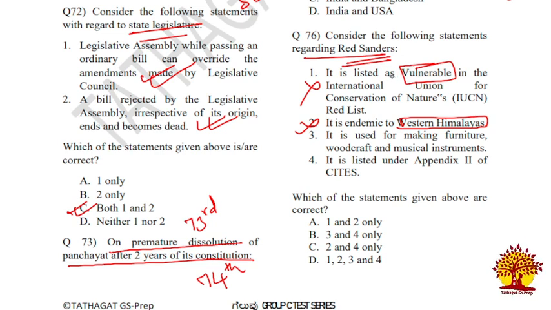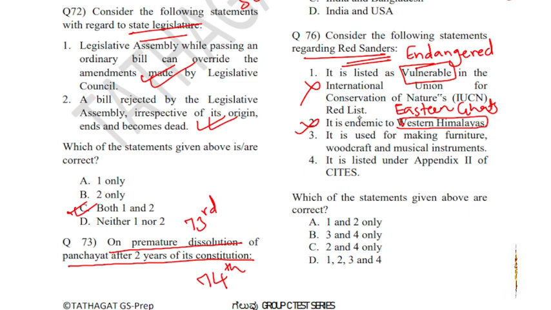Okay, it is listed as an endangered species in the IUCN status, endangered list, and it is endemic. Only red sanders you can see, it can grow only in Eastern Ghats region of Srisailam forest. Okay, you may have seen the Pushpa movie. Only Eastern Ghats, it is endemic to only Eastern Ghats.